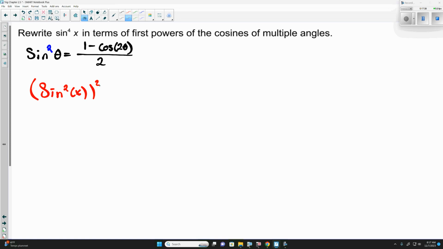So it seems like we're going to be affecting the square. Well, not really. What we're doing is now going to be replacing the one inside the parentheses.